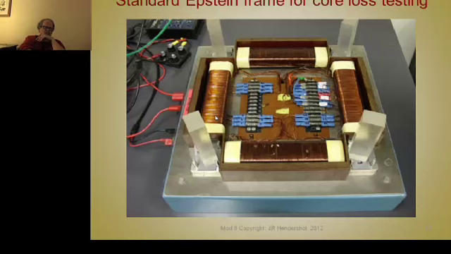So that's an input, and then you measure the transformed output voltage, and you know what it should be because of the transformation ratio between the primary and the secondary, but you don't get the same output voltage. You get something less, and from that they calculate the core loss.